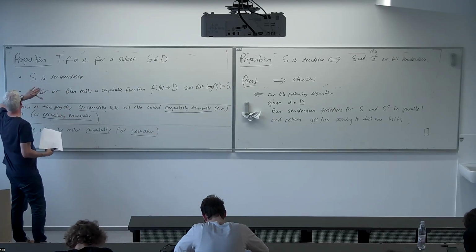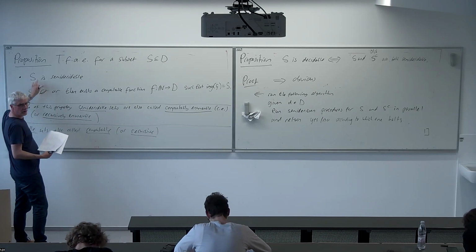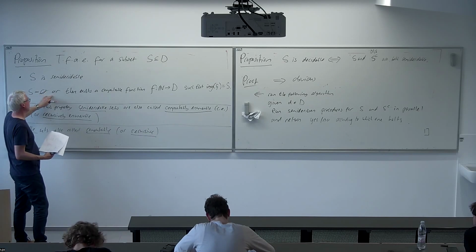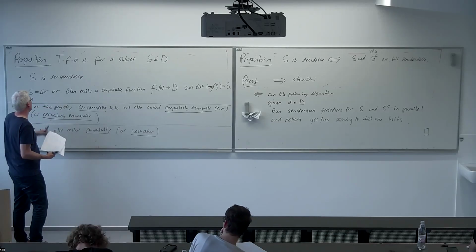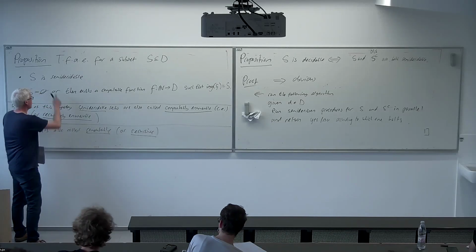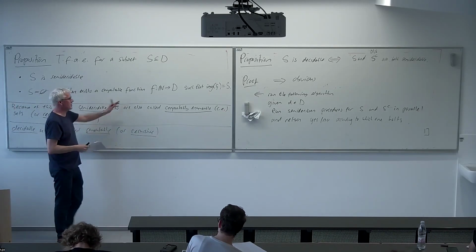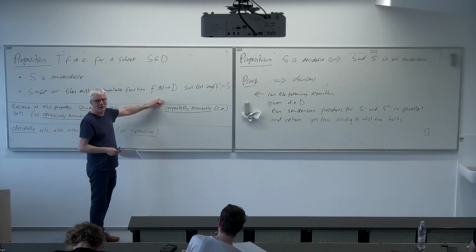So maybe I won't talk through why this is the case, but if you've got a semi-decidable set that's non-empty, you want to get the existence of a function, you basically do this.